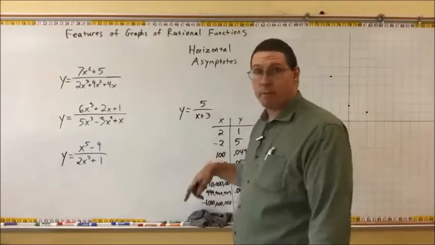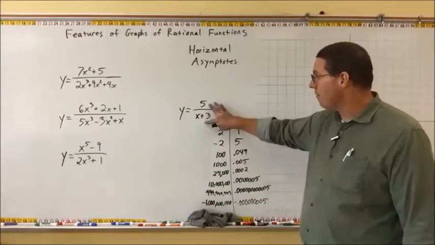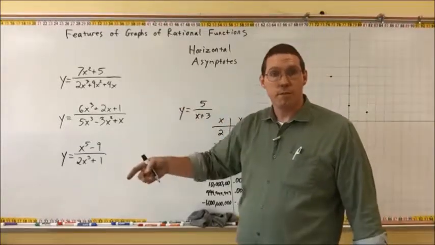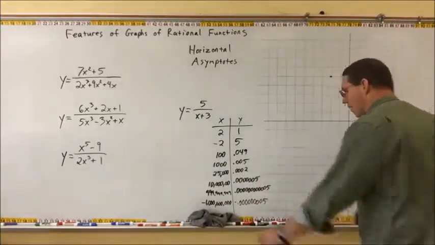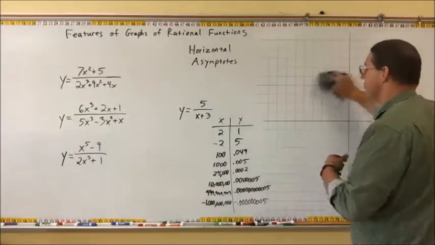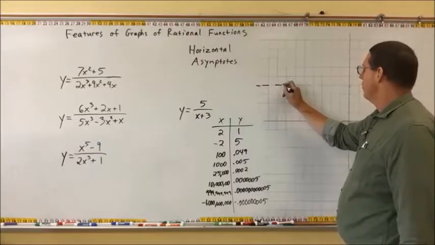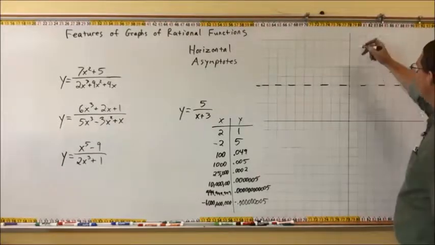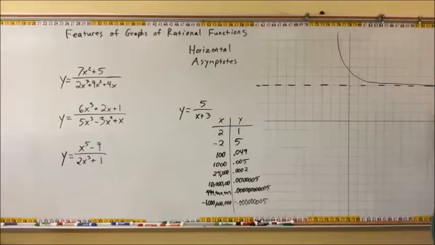That's what a horizontal asymptote is: a situation where the output value of a graph at very large numbers approaches one output. We typically represent it on a graph as a dashed horizontal line, and then we draw the graph so it gets really close to the dashed line.